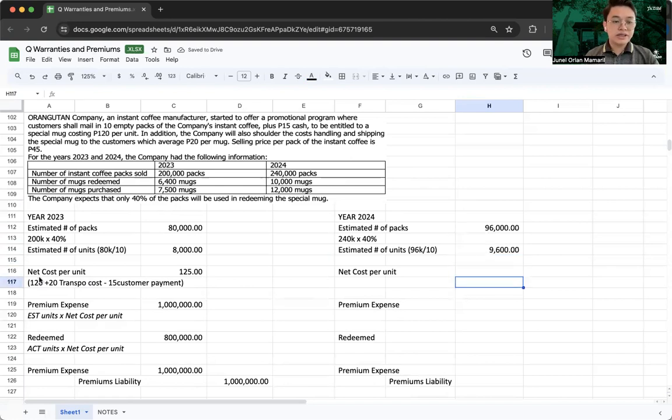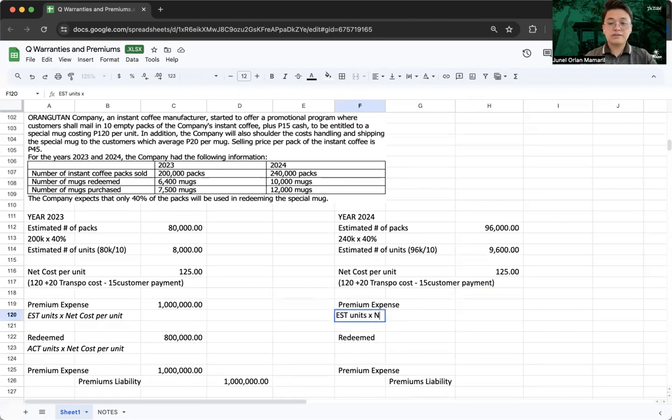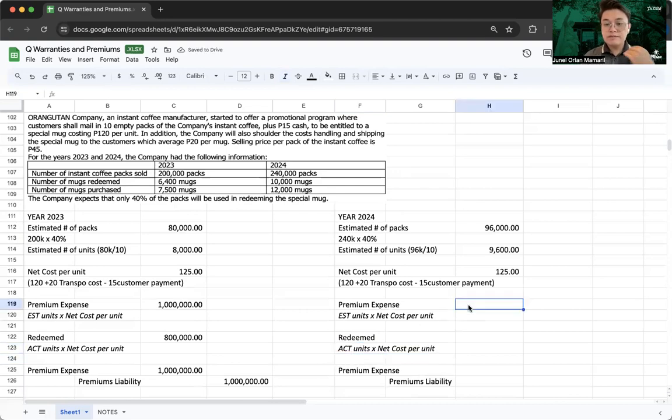The net cost per unit would be the same. Ang cost ay 120, transpo cost 20, customer payment 15. So the net cost per unit would be 125. For our premiums expense, that would be the estimated units times the net cost per unit. For the redeemed, that would be the actual unit times the net cost per unit. So our premiums expense would be 96 times 125.